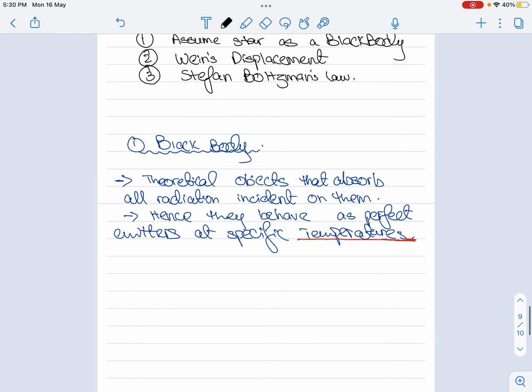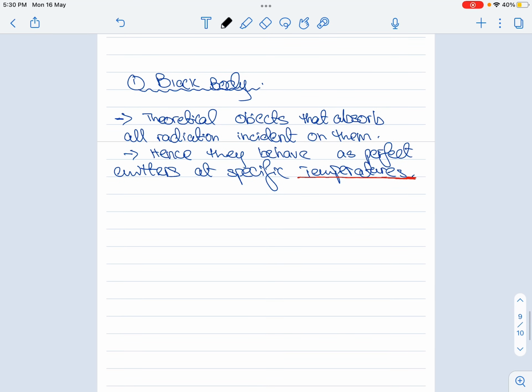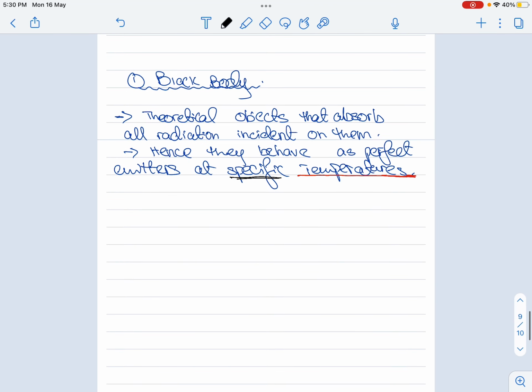So now it says at specific temperatures, right? So what happens is that, for example, this is a star and there are radiations falling on it, right? It absorbs all the radiations and reflects nothing back. So the color we see is black because it's absorbing all the radiation and it's not reflecting any wavelengths of any sorts, right?